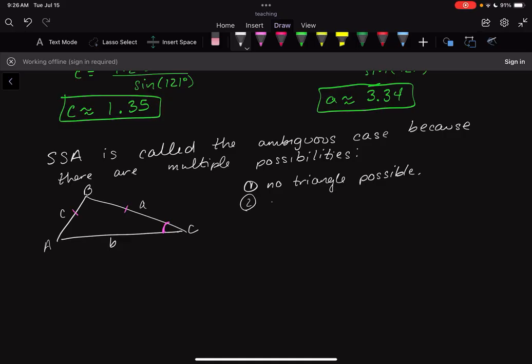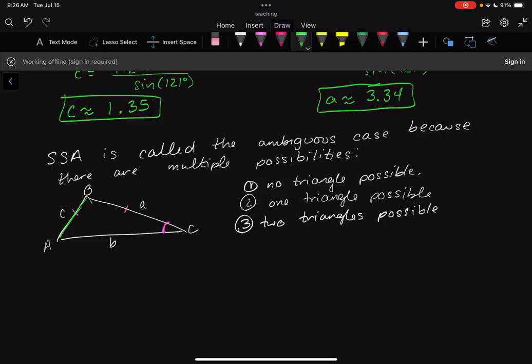Your next possibility is that there's one triangle possible. And that would be potentially the triangle that I have drawn right now. It's also possible sometimes that there are two triangles. What can happen is maybe this side C isn't right there.